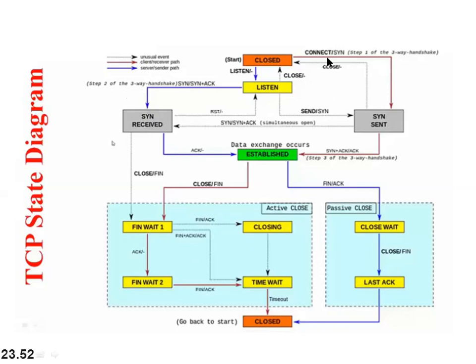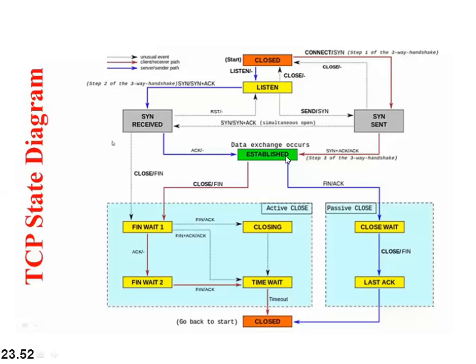So here this client is sending the synchronization packet to the server, synchronization sent. Once it receives the acknowledgement from the server, the connection has been established. Now once the connection is established, the data transmission will take place. So the sliding window protocol will be used in the data transmission here.